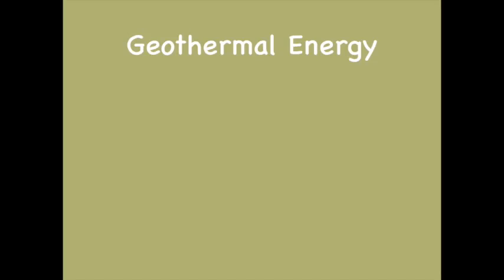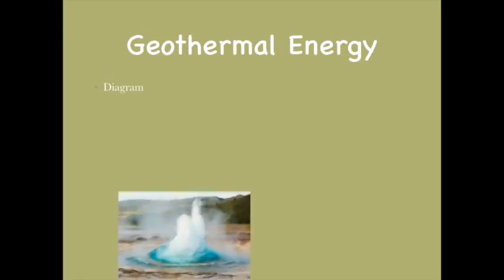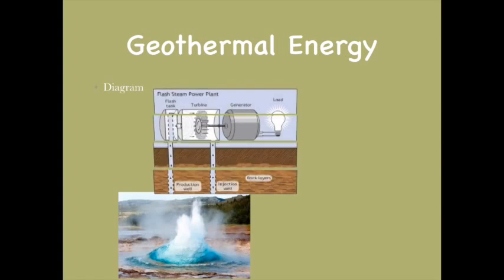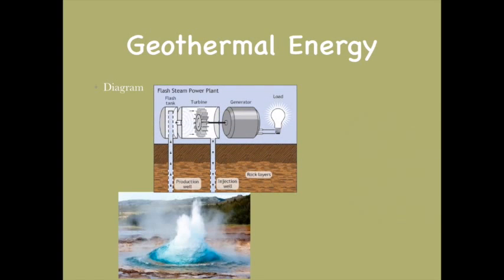This is similar to a thermal plant. A diagram has been given below. This is a steam releasing hot spring, and this steam is directed through the turbine with the help of a pipe, and hence we can generate electricity from it.